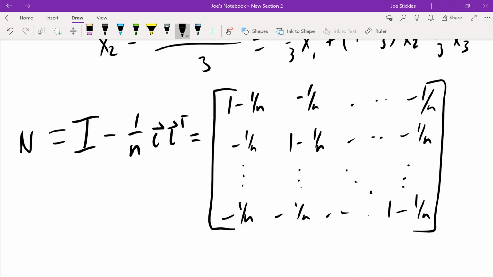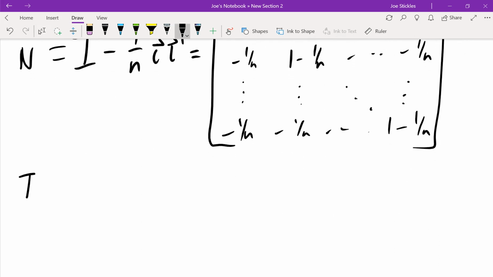So then when I take the n, let's say I call it the y vector, our y1, y2, out to yn.